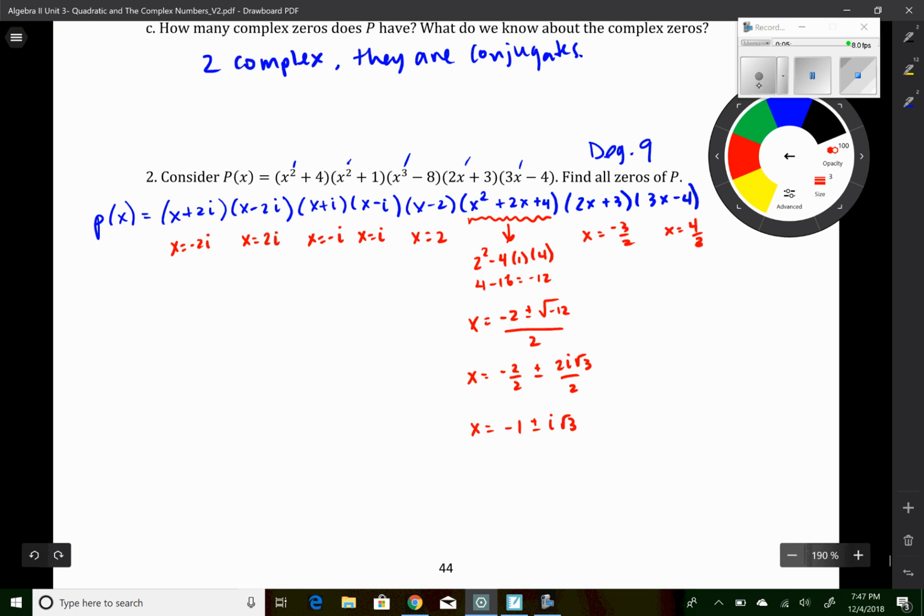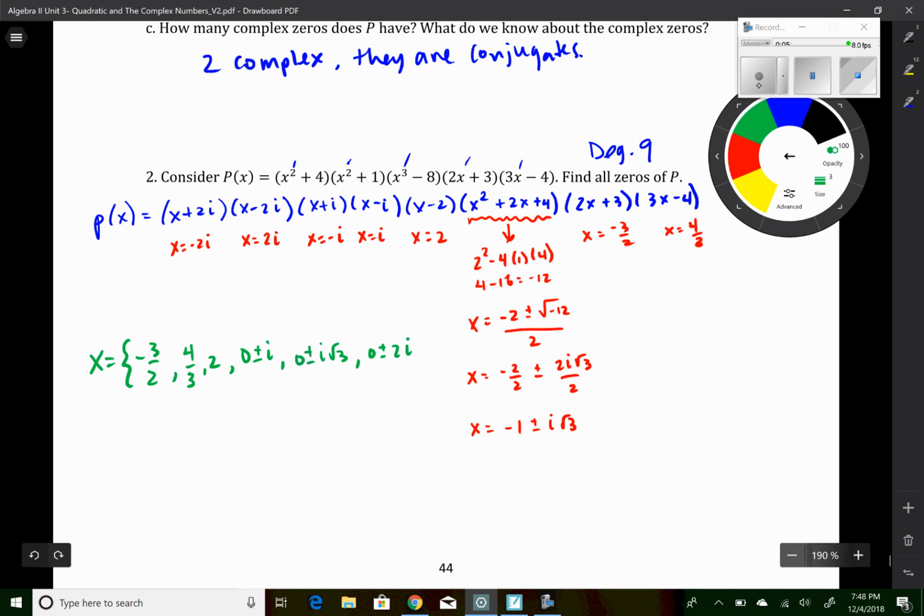So what is this big final answer going to look like? So I'm going to say x equals, I like to put all the real numbers first. So I have negative 3/2. I have positive 4/3. I have 2. Then I'm going to put the imaginary numbers next. So I have 0 plus or minus i, 0 plus or minus i square root of 3, and then 0 plus or minus 2i.